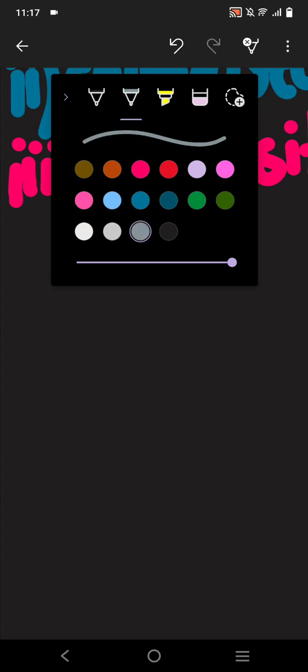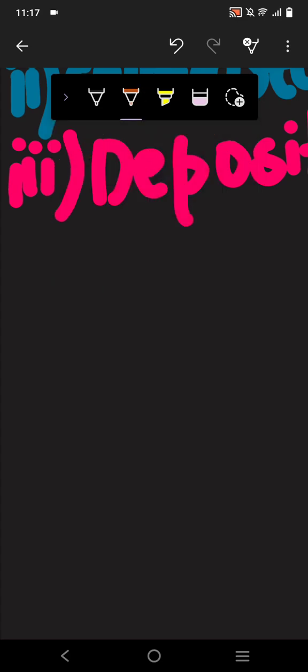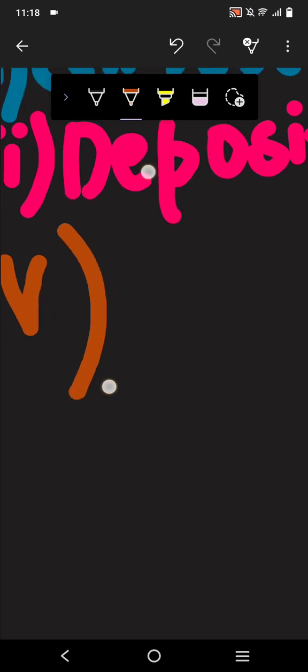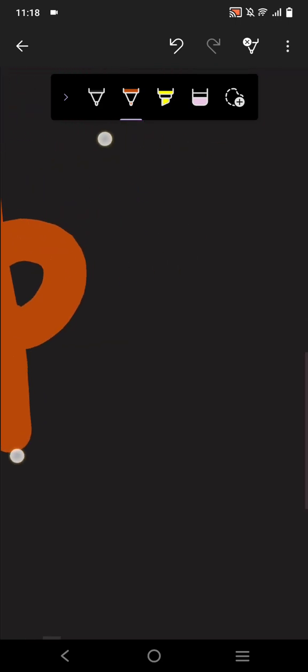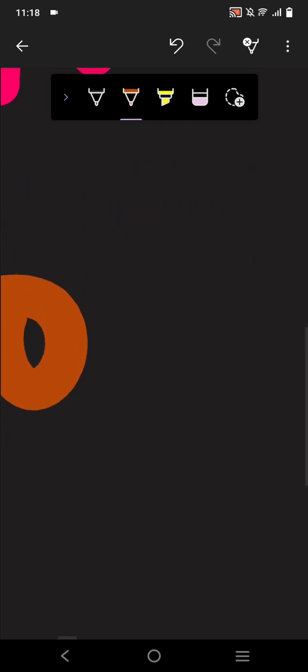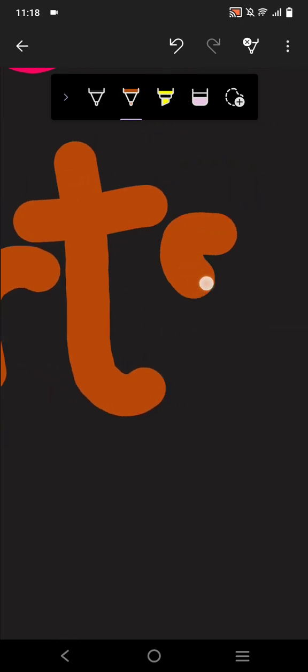Now we're moving towards our fourth point, and that is that it supports the organs. It supports the outer shell of the organ, the outer part of the organ.